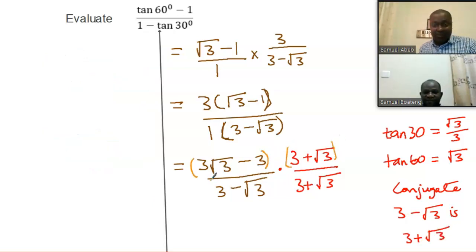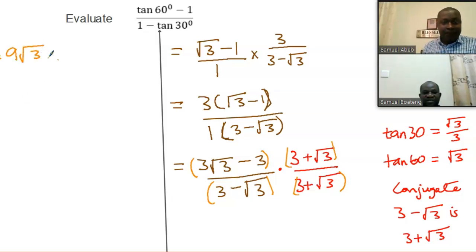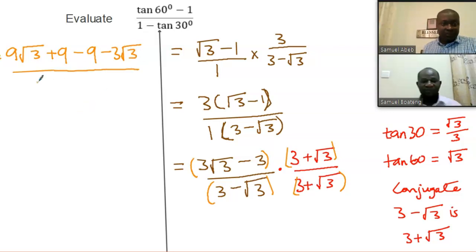Let's multiply them. The numerator first. 3 root 3 times 3, 9 root 3. And then 3 root 3 times root 3 to get 9, plus 9. And then minus 3 times 3, you get minus 9. So minus 3 root 3, over 3 squared minus root 3 all squared.